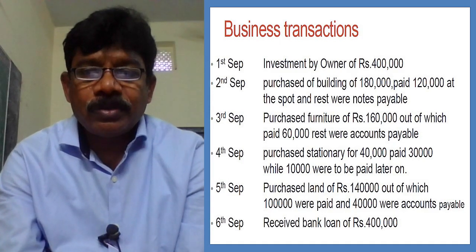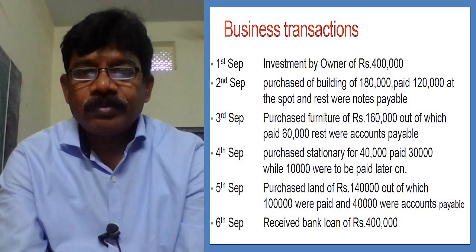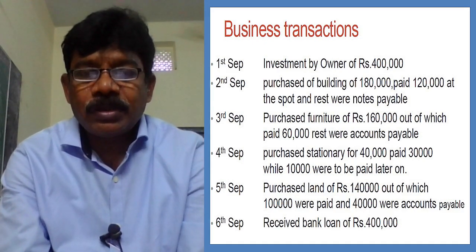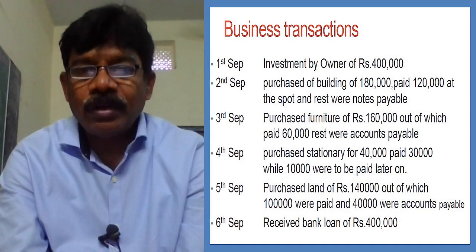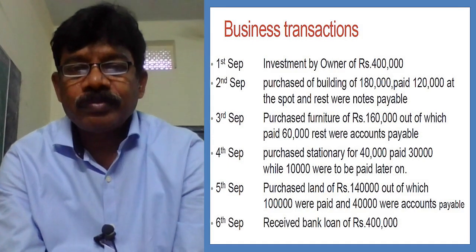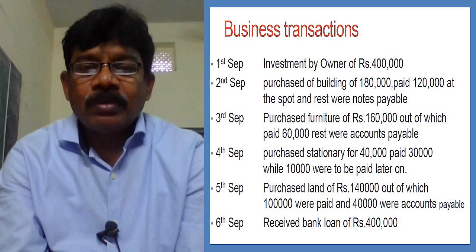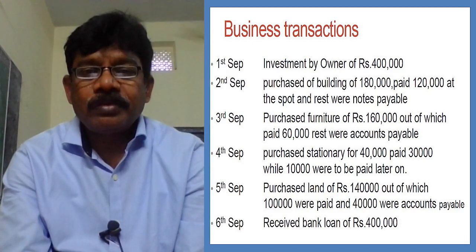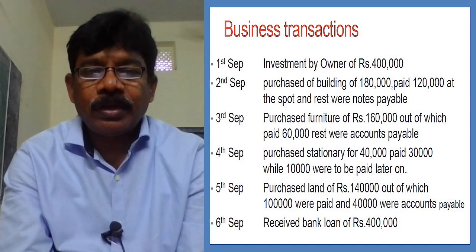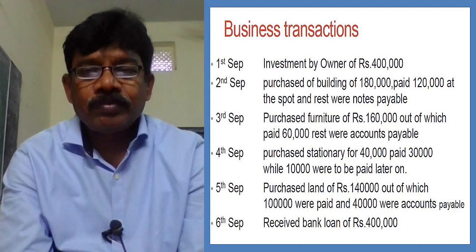Furniture amount is 1,60,000. On the asset side, cash is 1,60,000. How did I get 1,60,000? 2,20,000 cash is there, minus the 60,000 paid amount. Cash 1,60,000, furniture 1,60,000, building 1,80,000, total 5 lakhs.